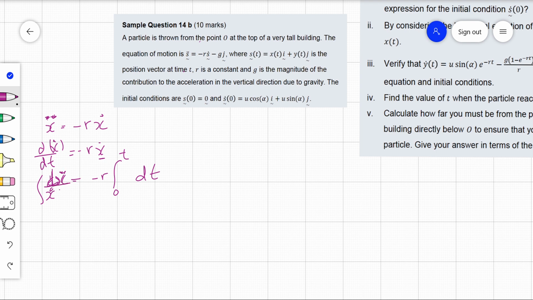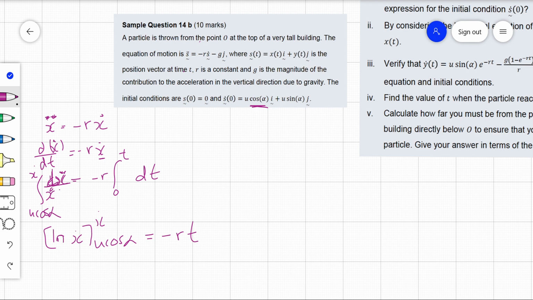We'll go from the initial x dot, u cos alpha, up to some value of x dot. So here we've got log of x dot between u cos alpha and x dot, and here we've got minus rt.